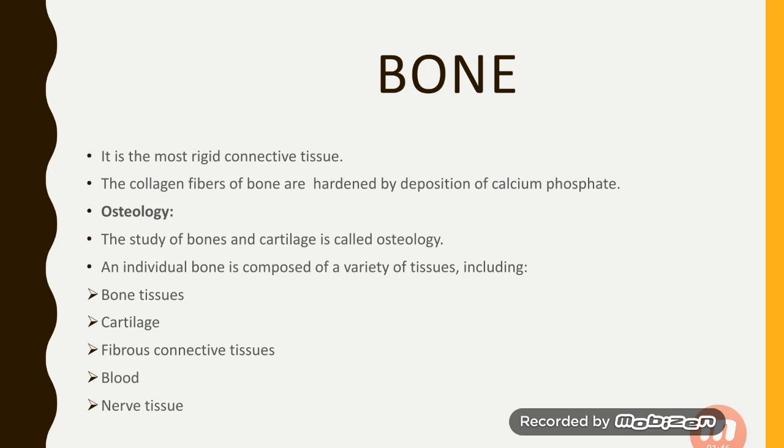Now if we talk about osteology, it is the study of the bones and the cartilage, and an individual bone has a variety of tissues which may include bone tissue, cartilage, fibrous connective tissue, blood and nerve tissue. These we will discuss one by one as we move forward.